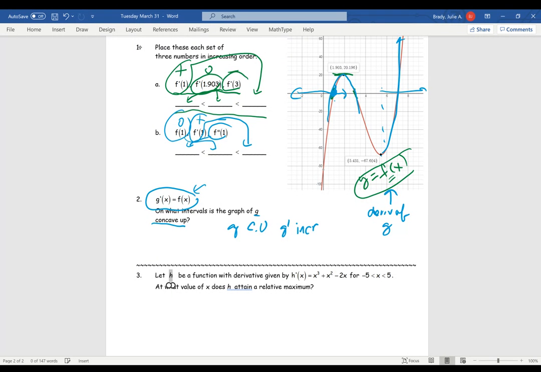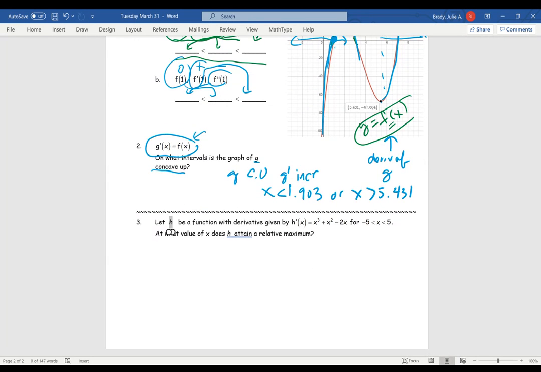So here's the increasing parts of the graph. So we're going to say x is less than 1.903, or x is bigger than 5.431. And sometimes they may give you that you have to put the graph on your calculator and find them using all those cool keys we learned. All right? Okay, last one.